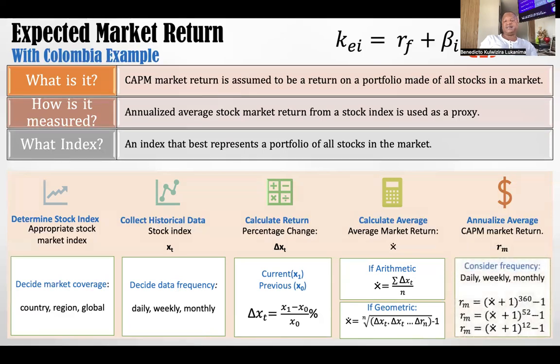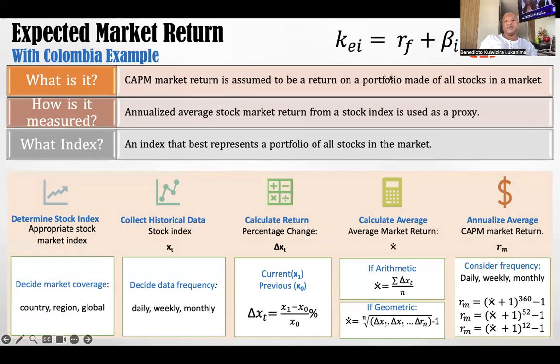And finally, annualization will depend on frequency. It simply means the average return plus 1, to the power of the number of periods in the year, minus 1. If it is daily, 360 or 365, for weekly 52, and for monthly 12.